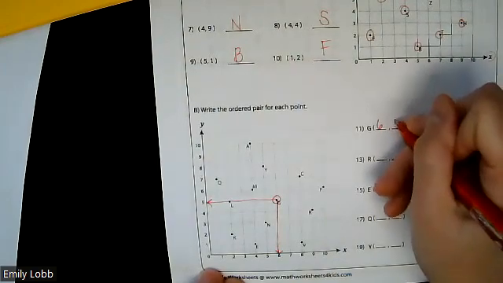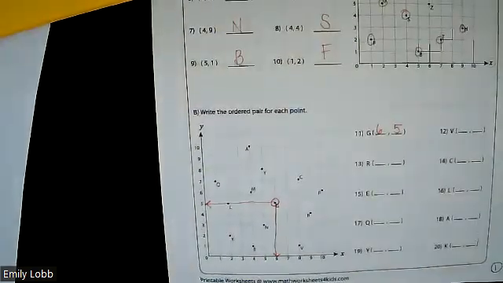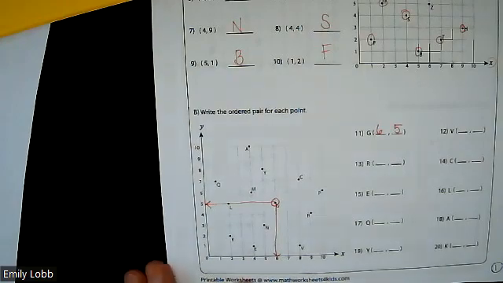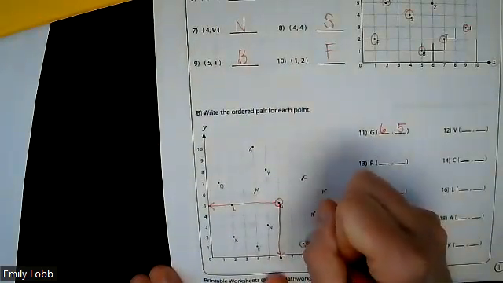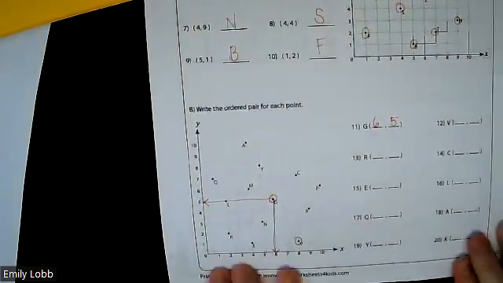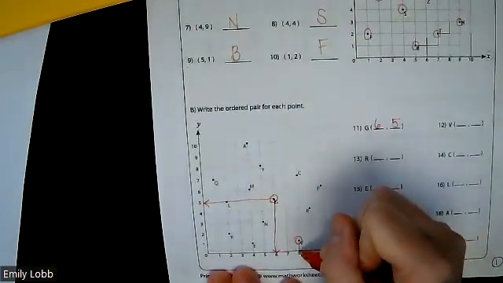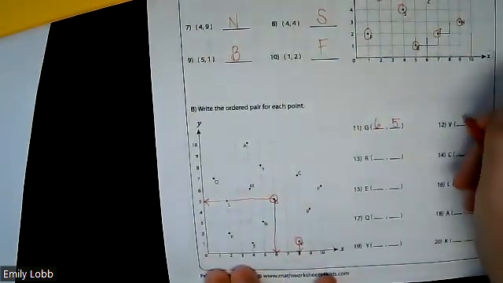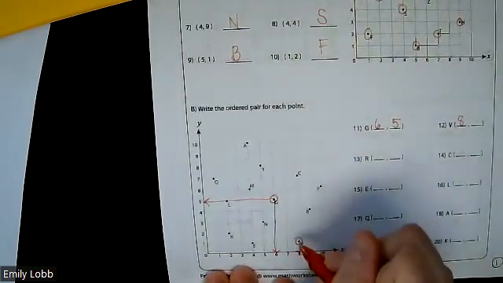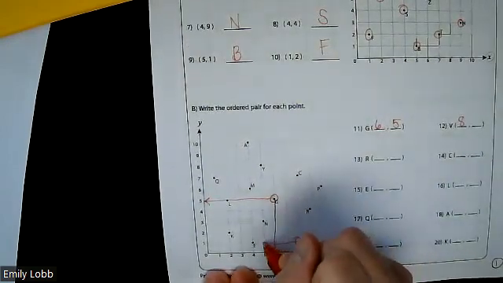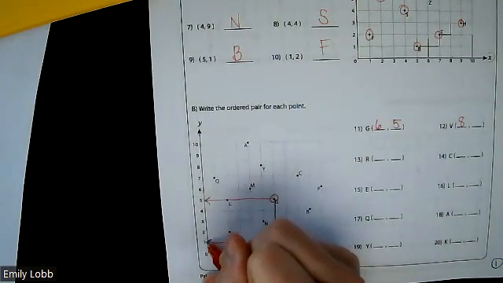That's our y value. For number 10, letter V is down here, bottom right. We have to list our x value. So I'm looking all the way down, and that is an 8. And then our y value all the way across, which is 1.